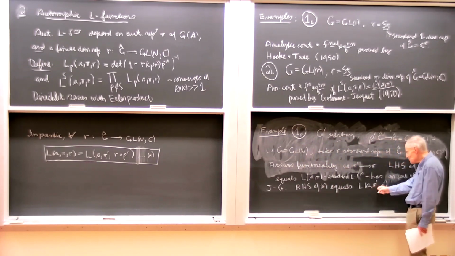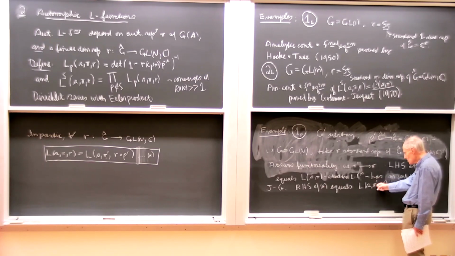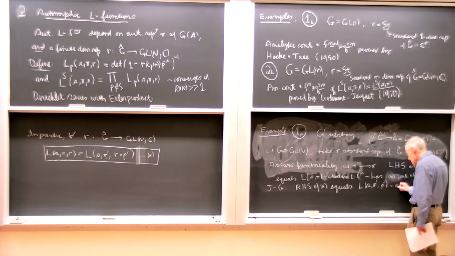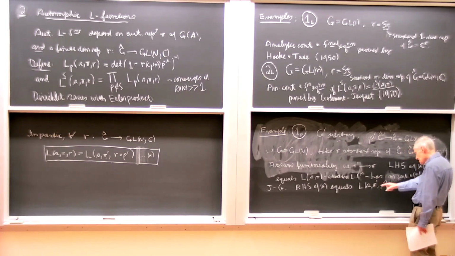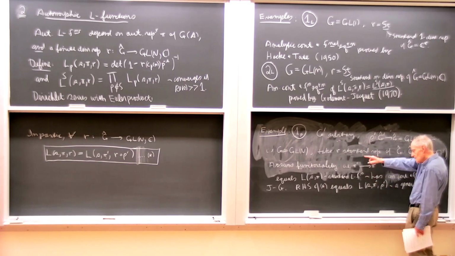So the notation's different. What we had before for a general L function was that it was attached to G, and rho was a representation R of G hat. Here, pi prime is associated with G prime, and rho prime is a general representation of G prime hat. But this equals this, and even though the notation is different, it has to be different to incorporate functoriality.